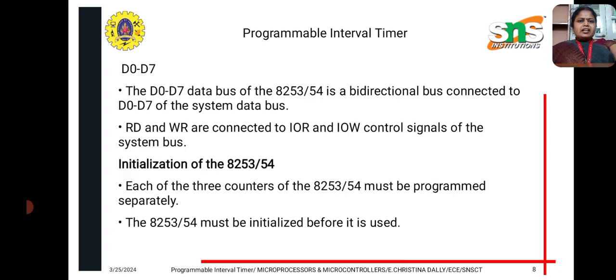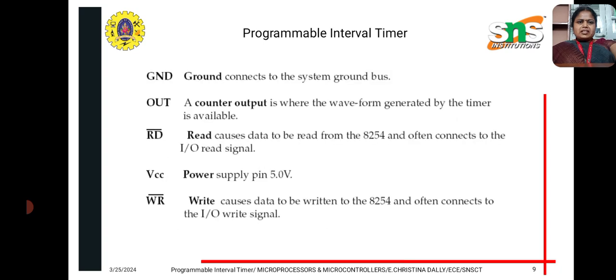As I said, we have the data bus buffer D0 to D7, a bidirectional bus connected to the system data bus. Read and write are connected to the IO read and IO write control signals of the system bus. Each of the three counters must be programmed separately, and initialized before being used. Ground connects to the system ground.